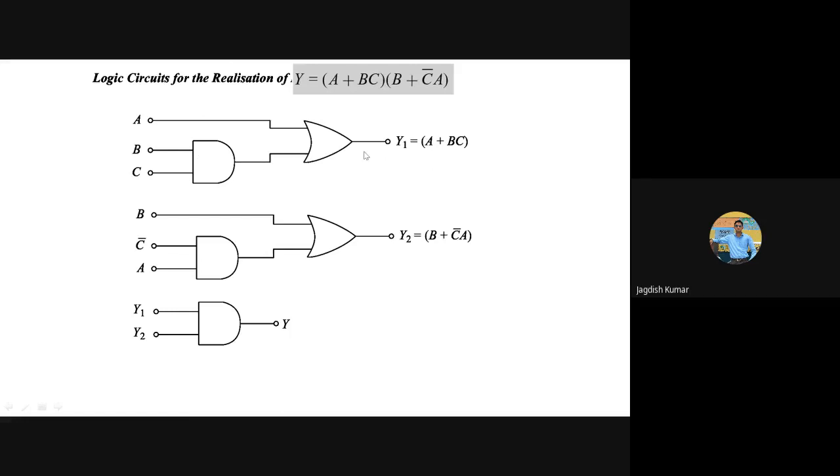So for gates in series, the delay will add up, and for gates in parallel, there won't be an addition of the delay. If the gates are in parallel, then one set of gates may have a similar delay time. Then the other set of gates, in the next step, may have a similar delay time. So parallel connection is not a problem, but series connection has a problem: delay times add.